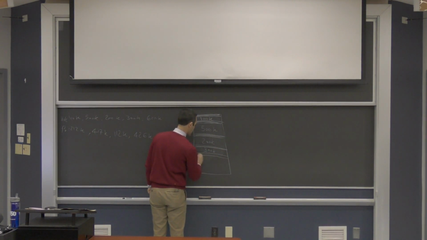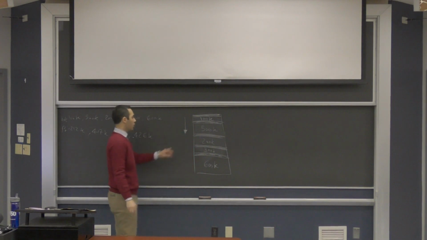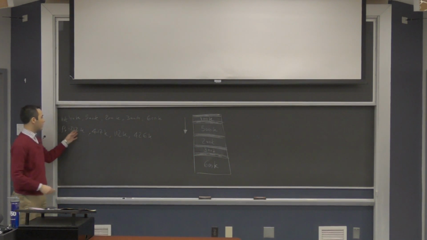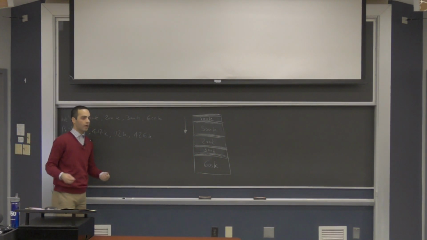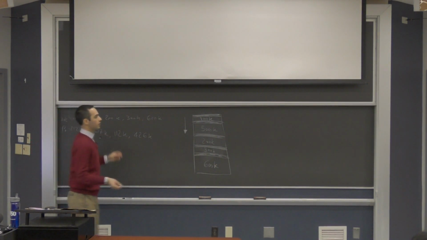Just remember that these are not proportional. These allocated or used memories can be much larger, obviously. So these are the holes available, and now we have these processes. The processes come one at a time. So the first process comes, let's do first fit.